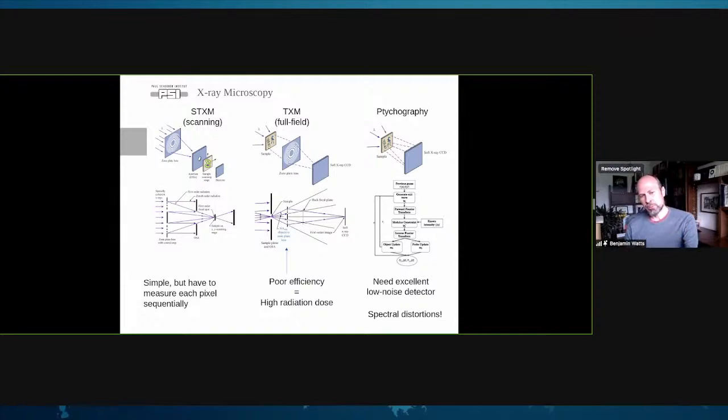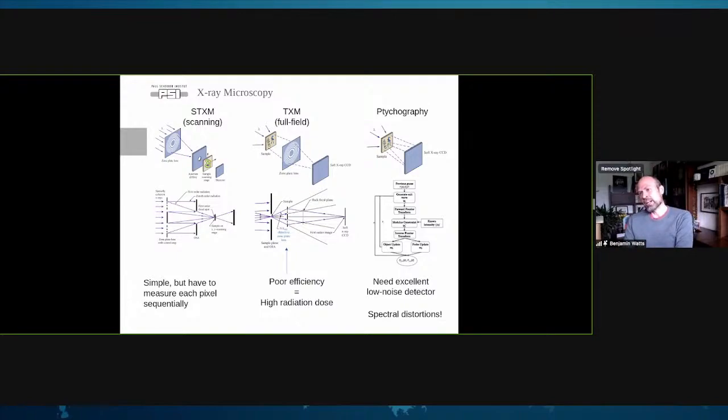For a scanning microscope, we only have to move the zone plate, and that's enough to keep it in focus. This is quite easy to automate. For a full field microscope, we have to move at least 2 things. So there's the distance before and after the objective lens that we have to take care of. And this is a lot more difficult to do well. And so spectroscopy becomes a much bigger problem there.